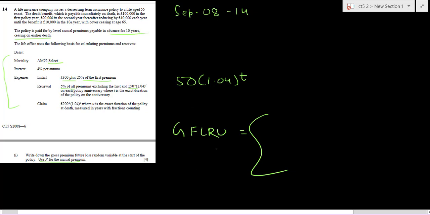So your benefit, if there can be two cases now, actually let's think about it a bit. Yeah, the benefit is decreasing and it's a term assurance, so you don't actually need two cases. I think we can do it. Yeah, there would be two cases. The two cases would be that the person dies before age 65 or after 65, because if he dies, then a death benefit is payable.